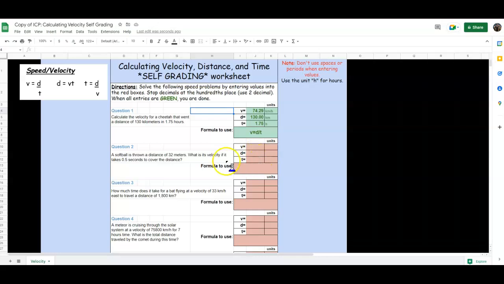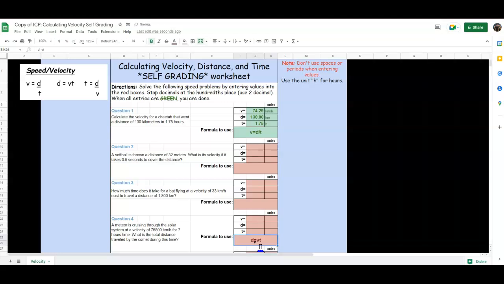Okay, I will mention to you that in terms of the formula, if I am trying to find distance, like here, question 4 says, what is the total distance? For the formula, you're typing it in, and we know that the formula for distance is velocity times time.